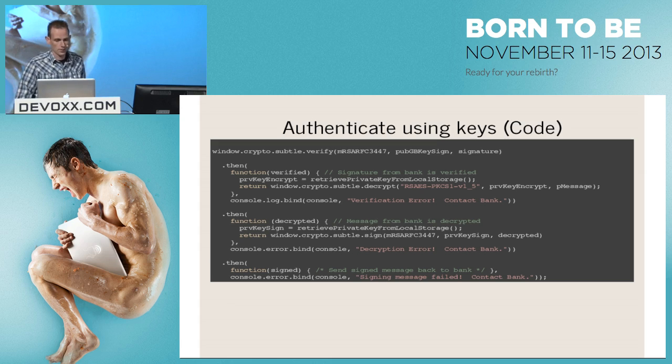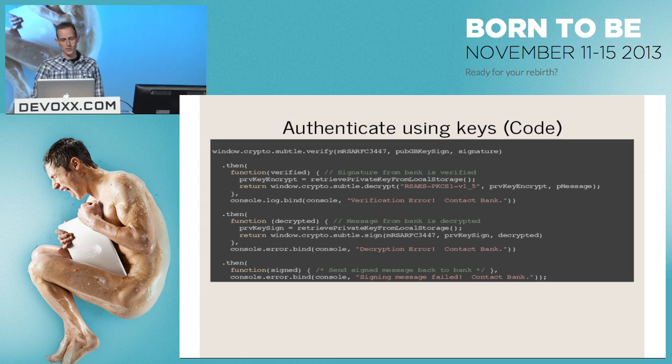If the signature is valid, it will call our callback, and then we can decrypt the message again using our private key, providing it the message and specifying which algorithm to use. If the signature is not valid, we know that it's not the bank that is sending us the message, but somebody else, so we just stop, and we know that we're not talking with the bank's website, but with somebody else.